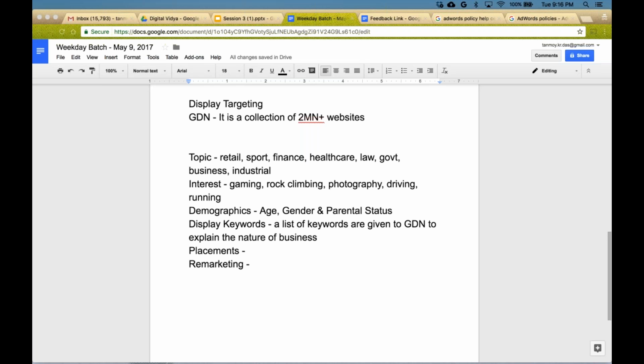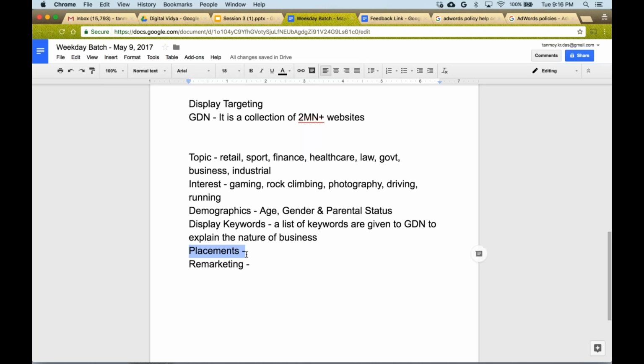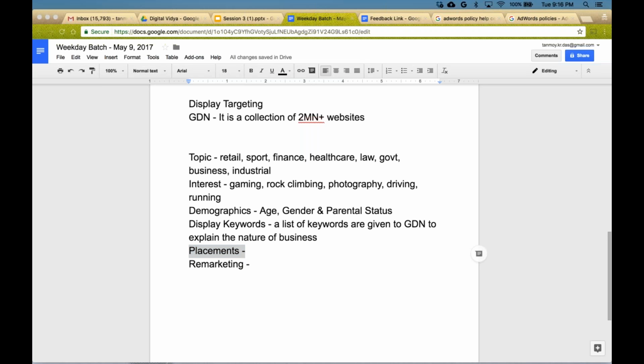Abranil, yes. You will get to see the particular websites only in a particular case. Out of these 6 types, only in the case of placements, which we have not discussed yet, you will get to see the websites on which the ads are being shown. In the rest of the cases, you will not see the websites.